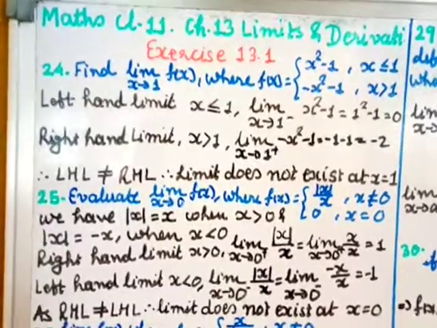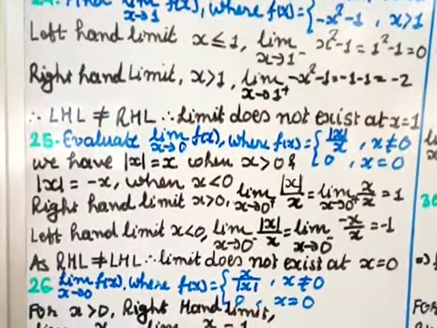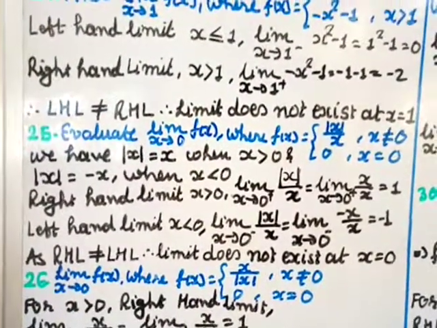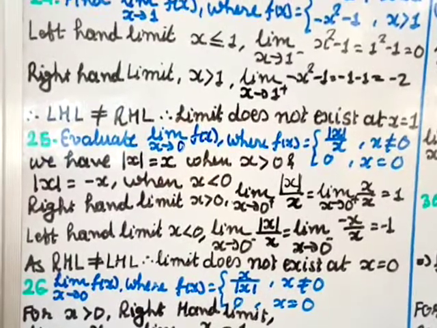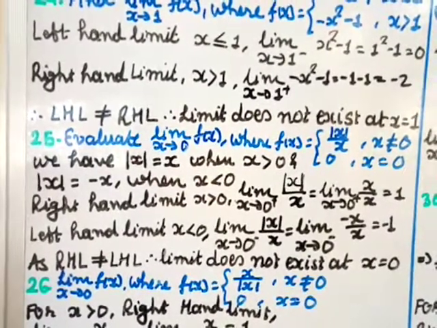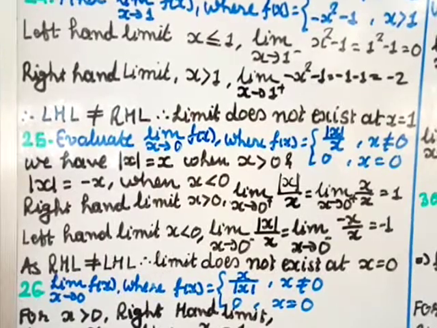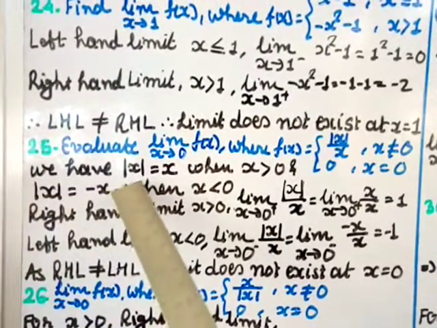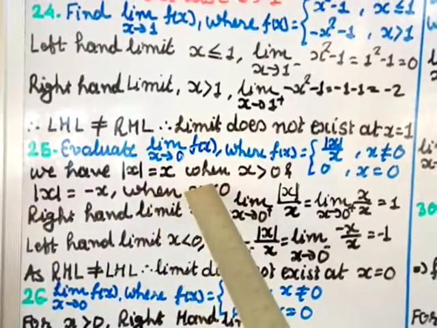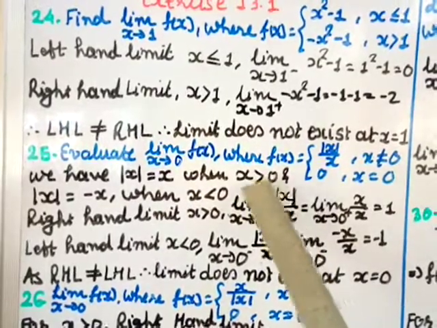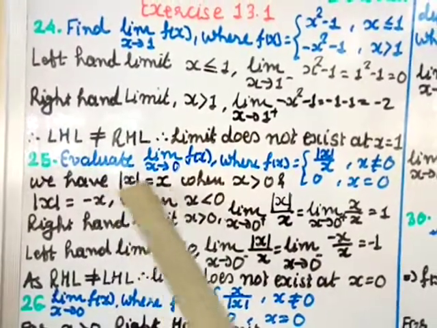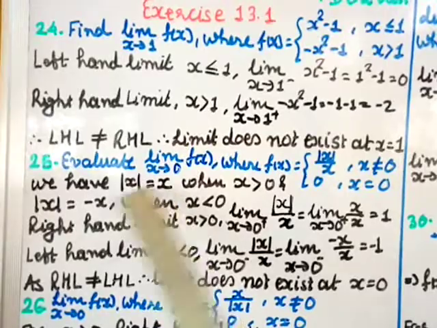Question number 25. Evaluate limit x tends to 0 f(x), where f(x) equals modulus of x by x for x not equal to 0, and 0 for x equal to 0. We have modulus of x equal to x when x is greater than 0. So when x is positive, modulus of x will be plus x.